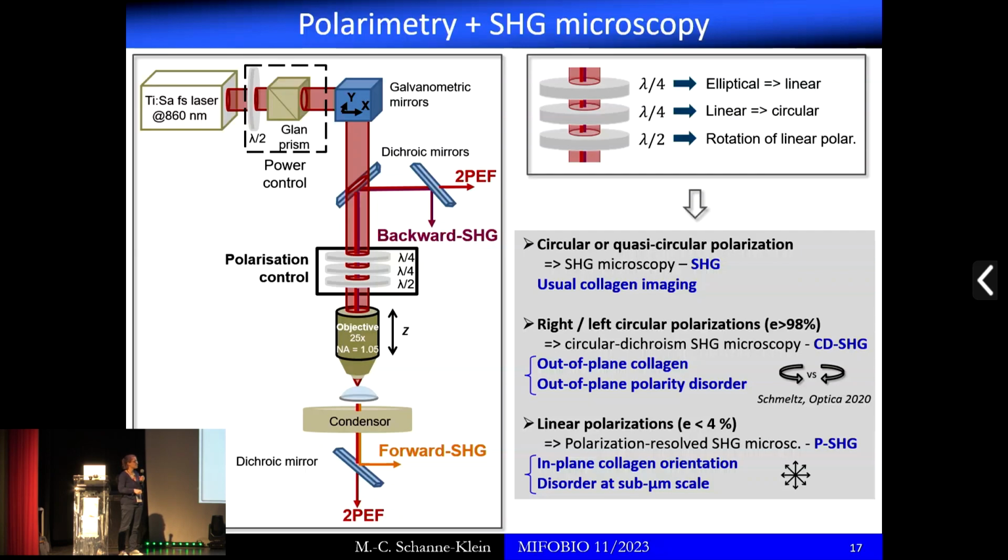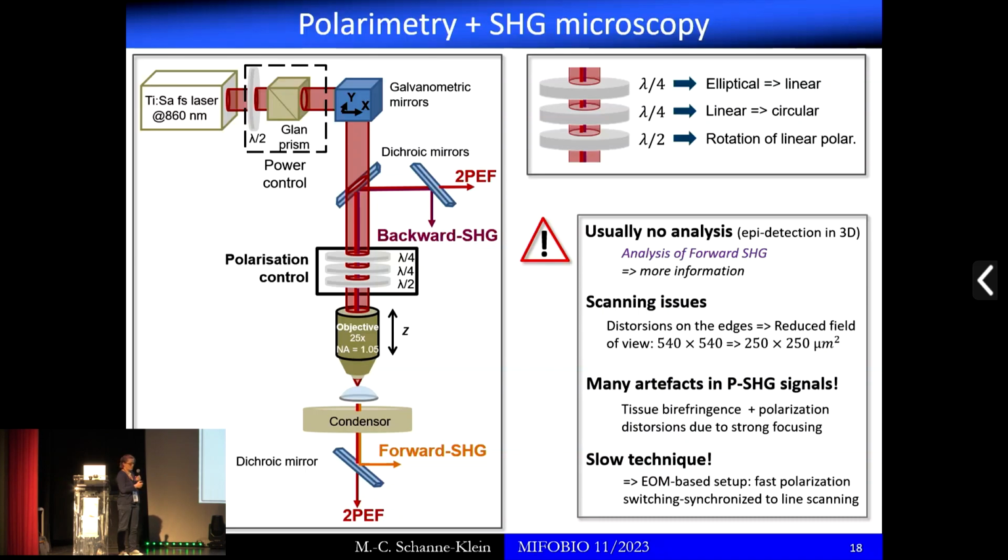So that's another story that's a little bit complicated. I will not focus on it. I will just look at the linear polarization. Here we have a half wave plate so that we can rotate the linear polarization. Just to mention, usually there is no analyzer because it's a thick sample, but if possible, we can also analyze, and then we have much more information.